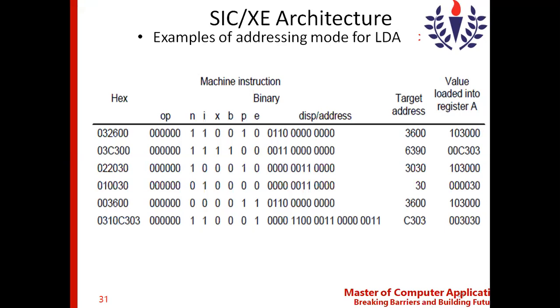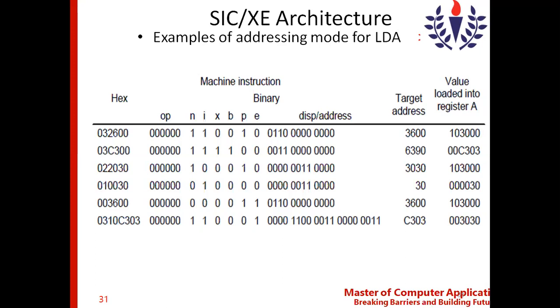It keeps changing whether it is program counter or base relative, or immediate addressing, or indirect addressing, or direct addressing. So that will be decided. Say, for example, if you look at the last line, we have the NIXBPE bits, which will be 1 and 1 for n and i.